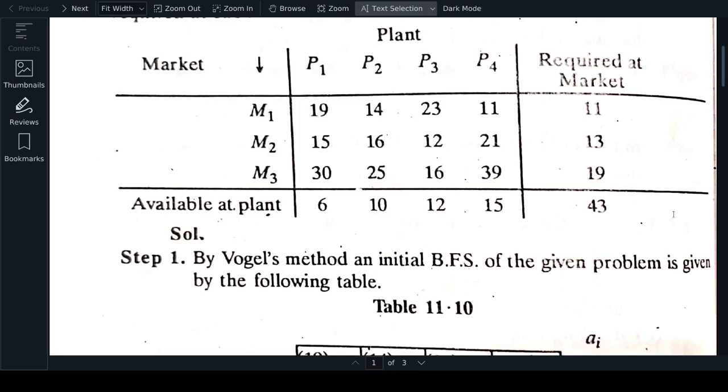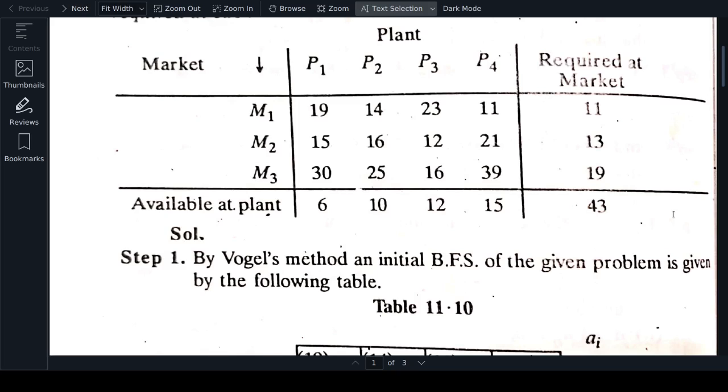And again you see, required at the market: 11 plus 13 is 24, and then 19 is 43. So summation of ai equals summation of bj. So the transportation problem is a balanced transportation problem.